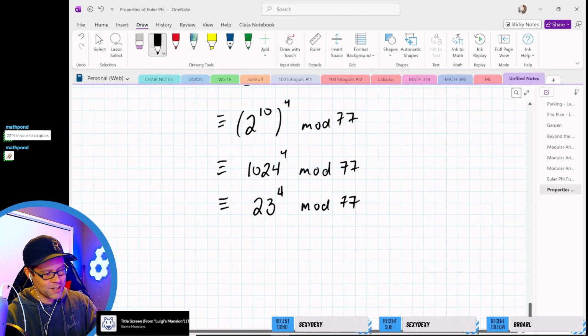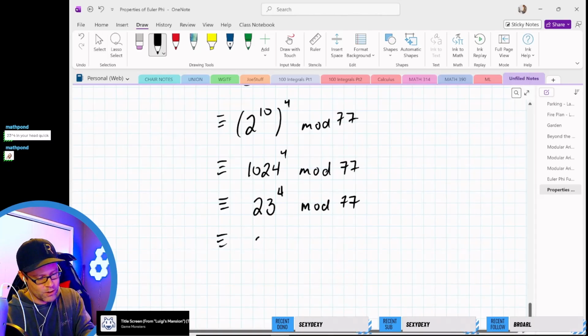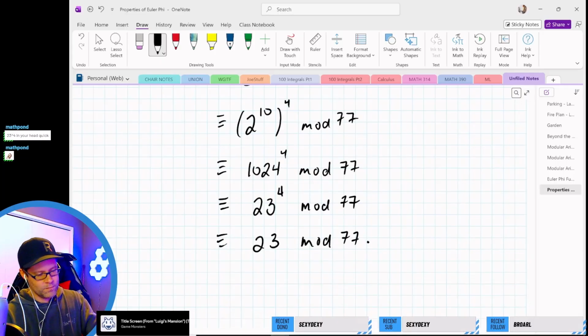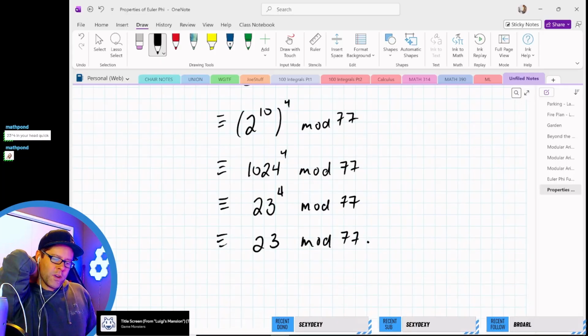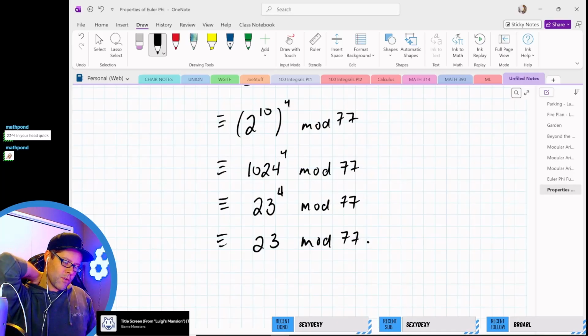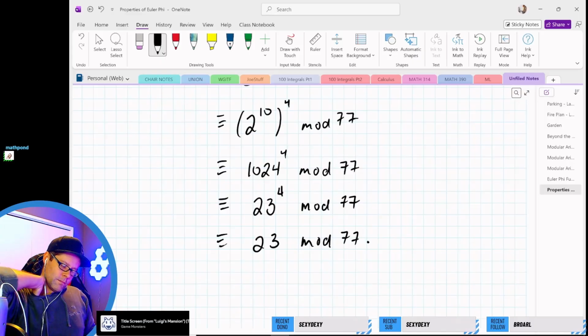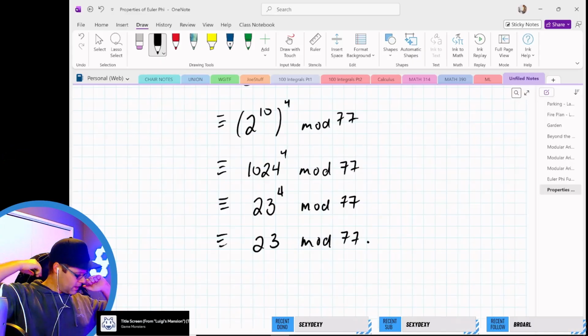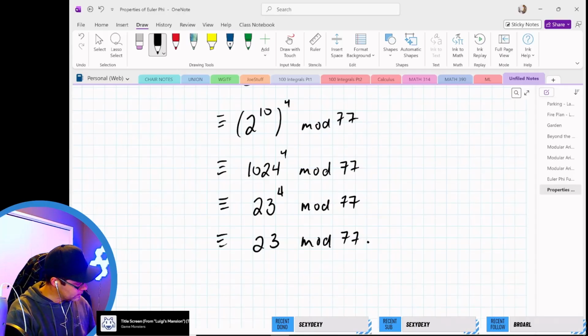So this should be congruent to 23 mod 77. It's kind of weird that 23 to the 4 came out to be congruent to 23. I would have expected that maybe it would get transferred to a different number. Okay, so that's great.